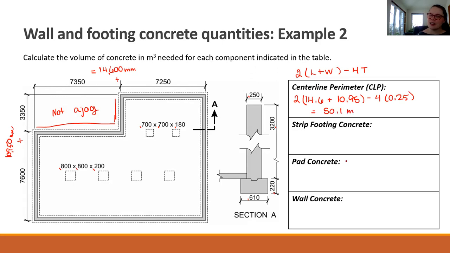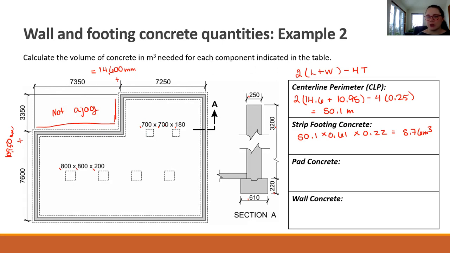Okay. Now to find the strip footing concrete, same thing as before. 50.1 times the width, 0.61, times the height, 0.22, leaves us with 5.76 cubic meters. We want to know the pads. Now, what I find for doing the pads, sometimes the easiest is just to do it in here.